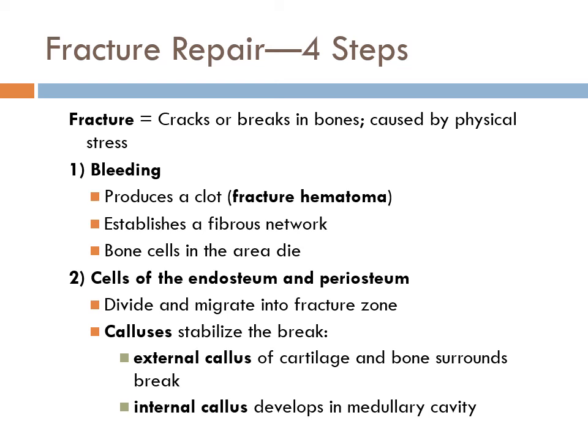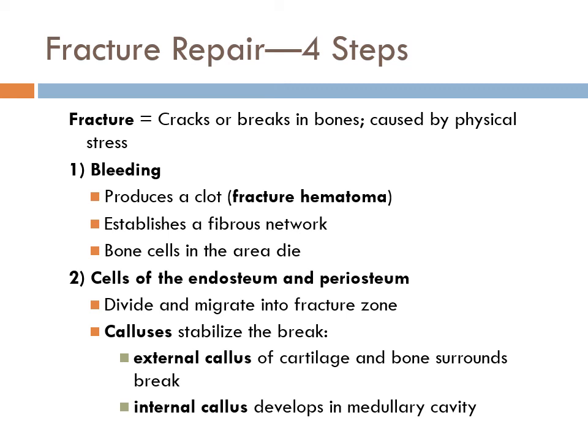Secondly, the cells of the endosteum and the periosteum are going to migrate into the fracture zone and create a callus. And the callus is the beginnings of the restructuring of the bone. We have an external callus, which is cartilage and bone that surrounds the break, and then an internal callus which develops within the medullary cavity. So if the break goes all the way through the bone, we end up with an external callus and an internal callus.